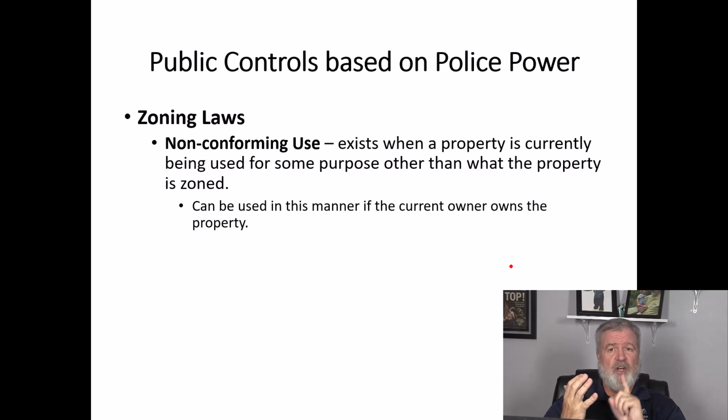But I'm just telling you, if the current owner for some reason no longer owns the property, because they gave it away, sold it, whatever, the same person must continue to own it, and they must continue using it the same way they've been using it to be able to get or use this non-conforming use, okay? And by the way, it could be the other way around. I use residential versus commercial, but it could be any of the zoning classifications. It works the same way.